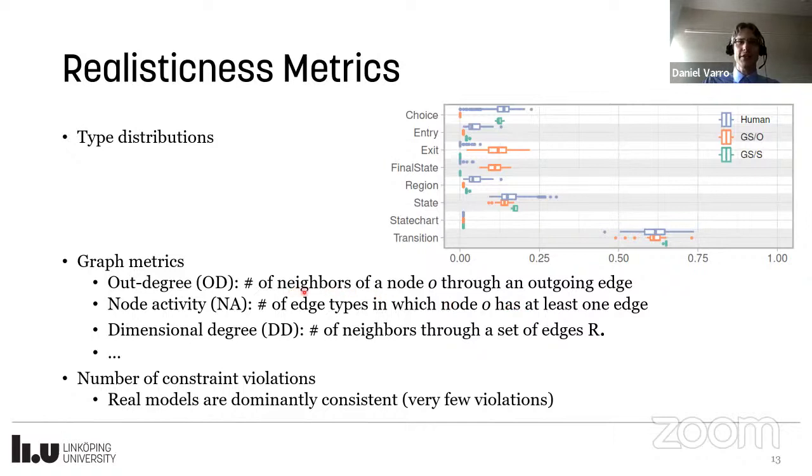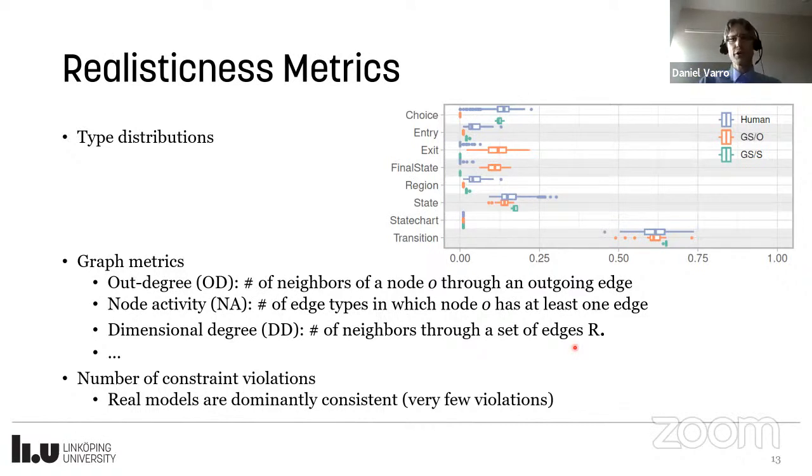They call it node activity, which is the number of edge types in which node O has at least one edge. Then there are some more complex ones, like dimensional degree, which is the number of neighbors along a set of edges R. These are graph metrics that are quite actively used by the network science community.